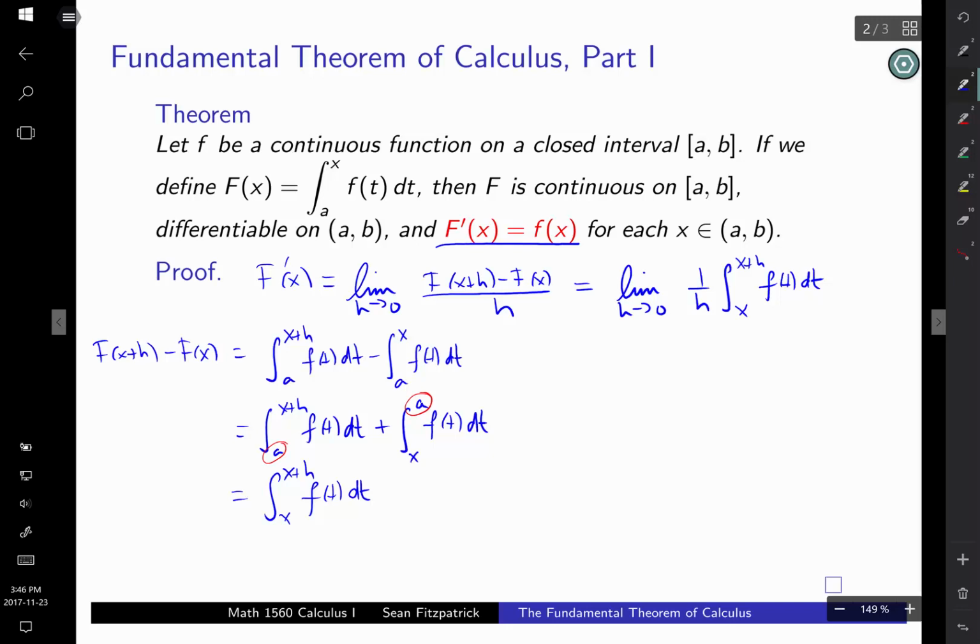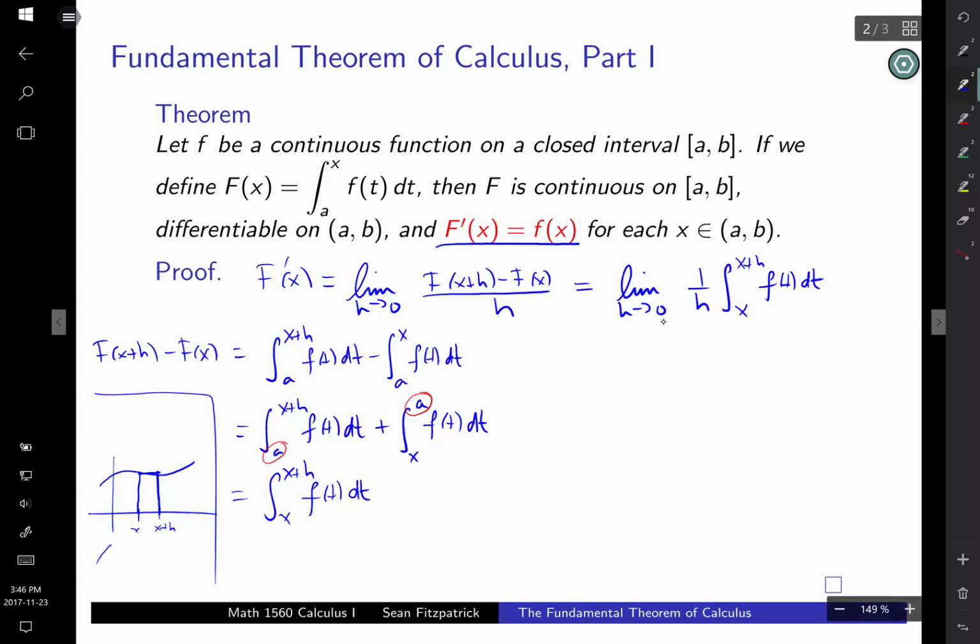Okay, now we've got to see if we can calculate that limit. Before taking that limit, let's just think about what's going on visually. If we had a graph, here's x, and here's x plus h. Here's our rectangle. If h is really small, then we could think about using one rectangle to approximate this area.